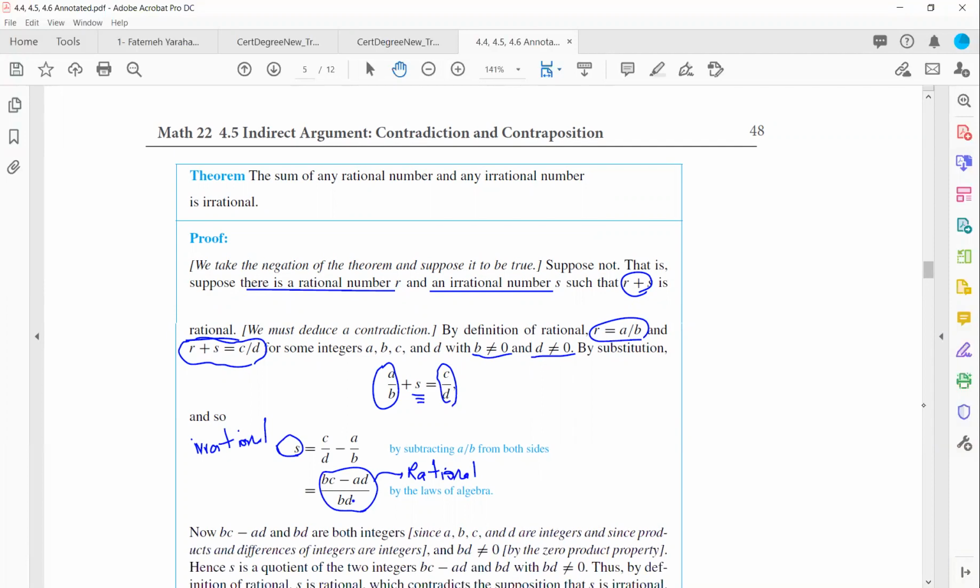It doesn't make sense. There is an error caused by this assumption that the sum of an irrational and a rational number is rational. So this is false. It means that its negation is always true.